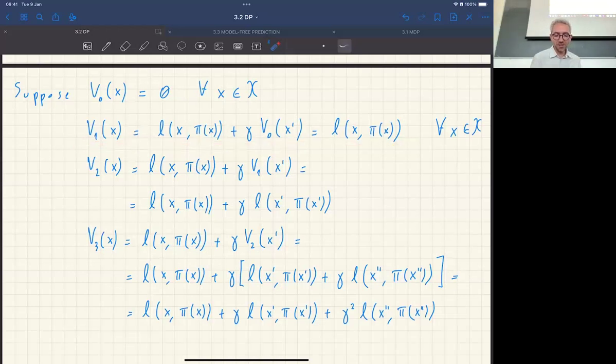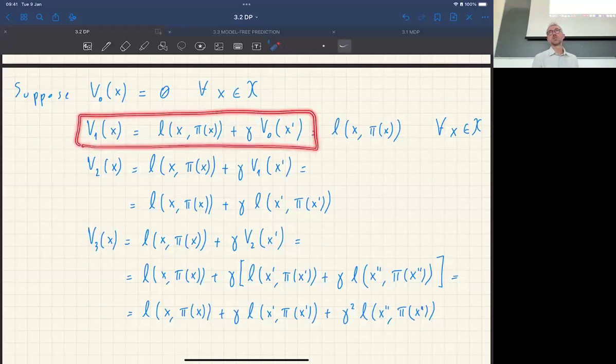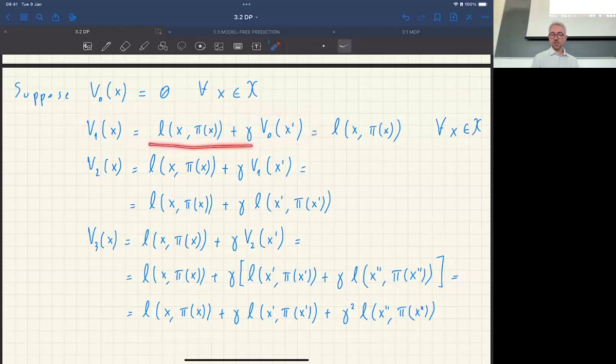Of course, we're not always going to have the initial guess equal to 0. Otherwise, we would make no progress at all. We're going to have an initial guess which is something a bit meaningful. But we basically stop doing this. So we update the value just in this way, by looking at the cost of the current state, applying the given policy, plus discount times the current guess of the value evaluated at the next state. That's it.